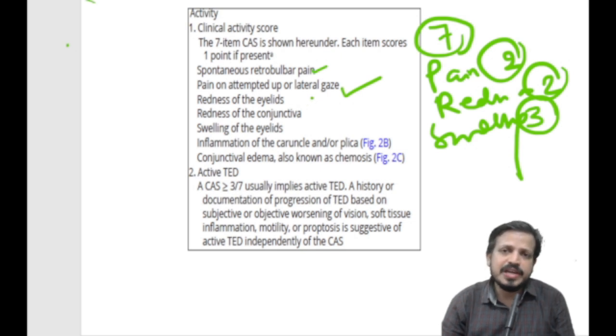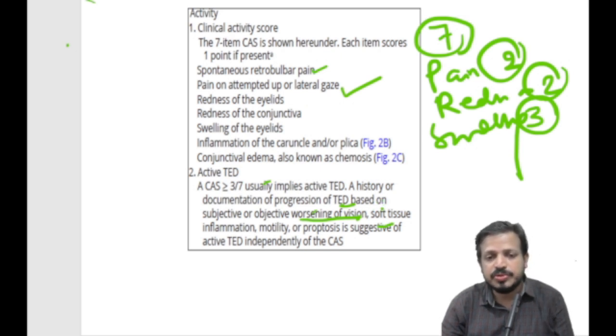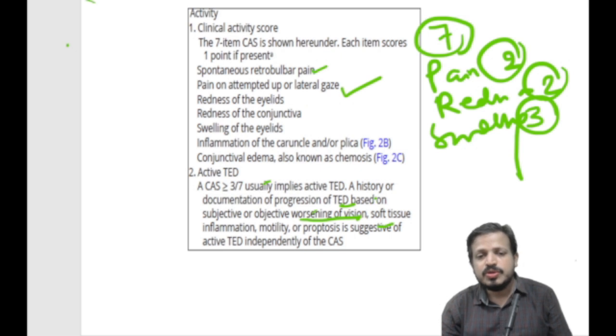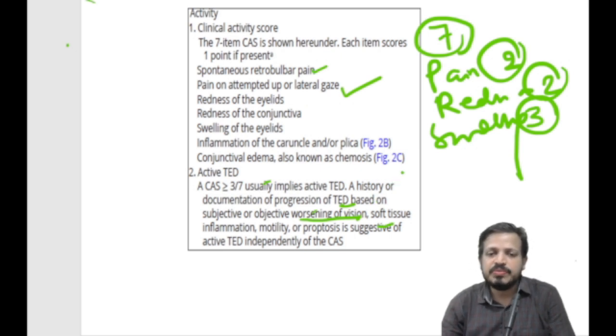We will call it active thyroid eye disease when the CAS score is more than or equal to 3/7. Other conditions, such as progression of the thyroid eye disease based on subjective or objective worsening of the vision, or the soft tissue inflammation, or the motility defect, or an increase in the proptosis, also suggest active thyroid eye disease.